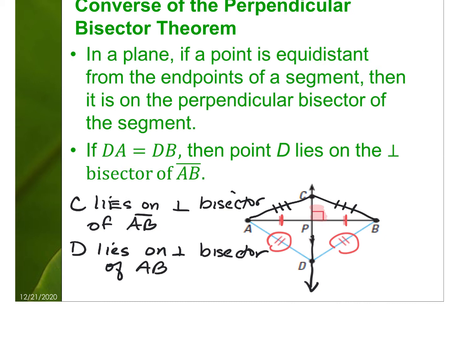And the reason why I can state this is because of this converse, because I can see the congruency marks here. And I can see that point D is the same distance from both endpoints.